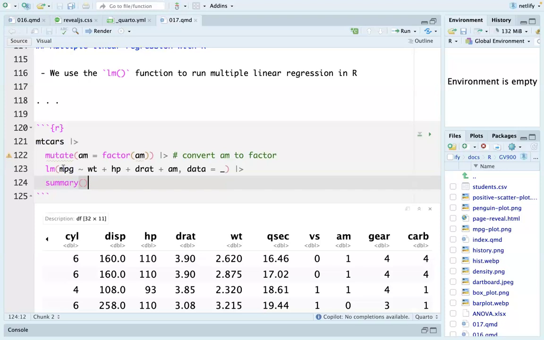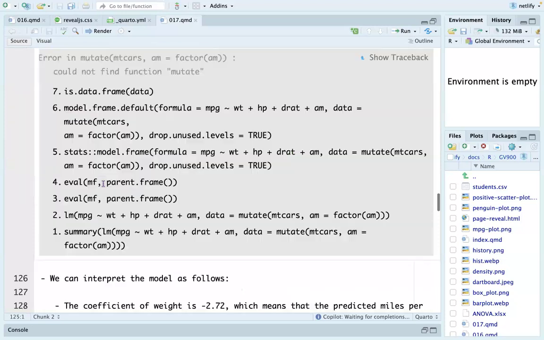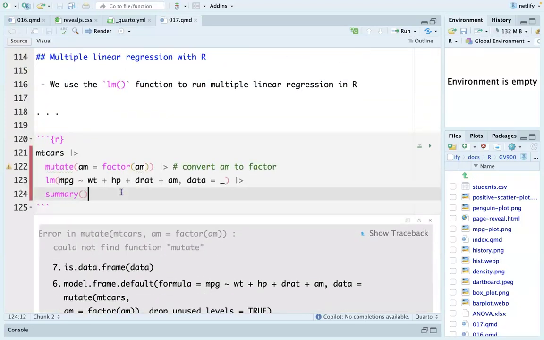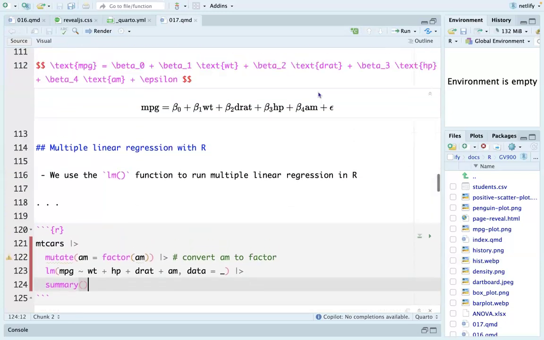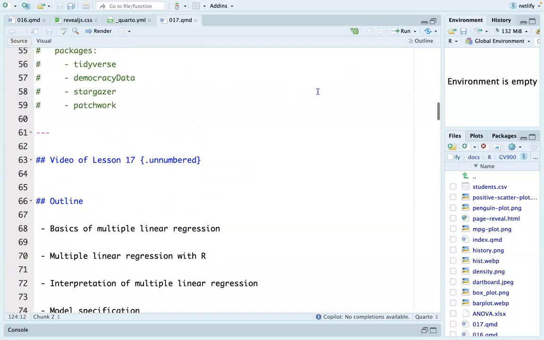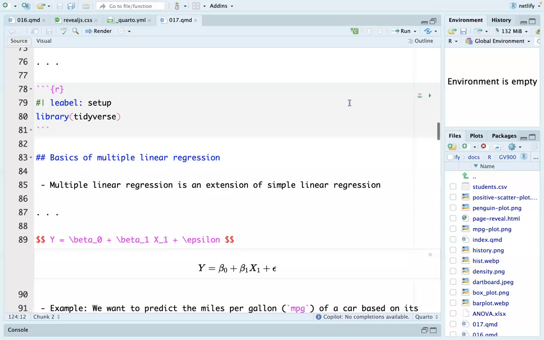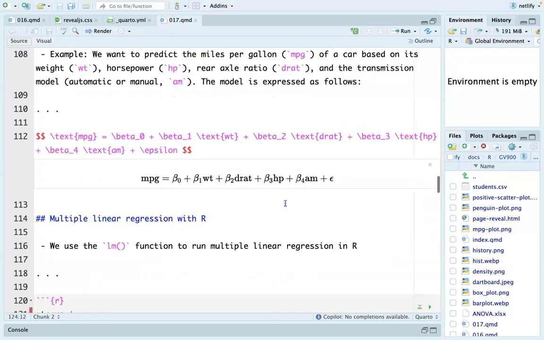And this is the dependent variable, miles per gallon, and weight, horsepower, drat, and transmission. So we use summary to show the model outcome. Oh, sorry, we need to load the library.